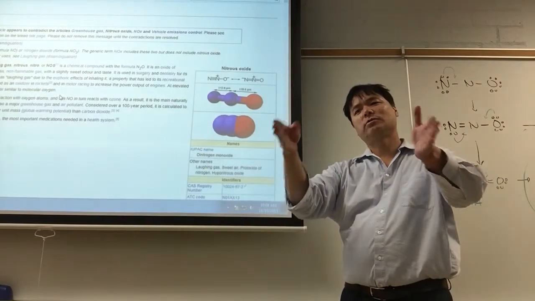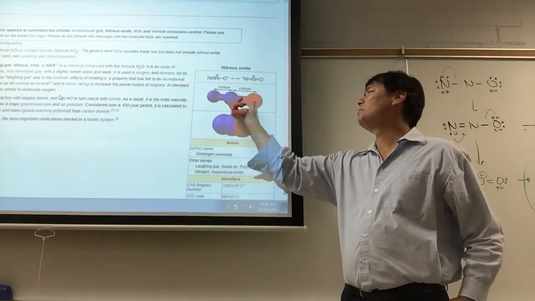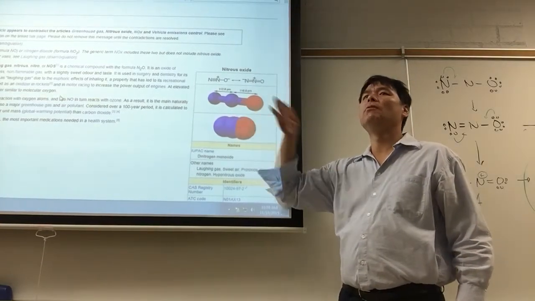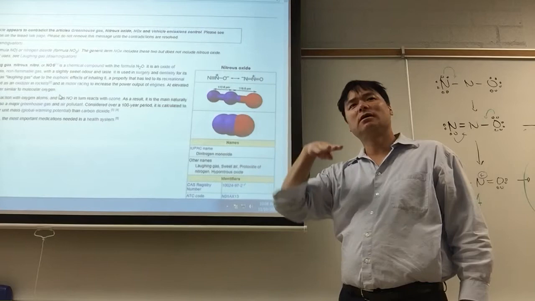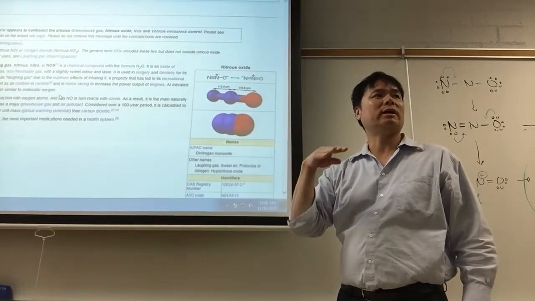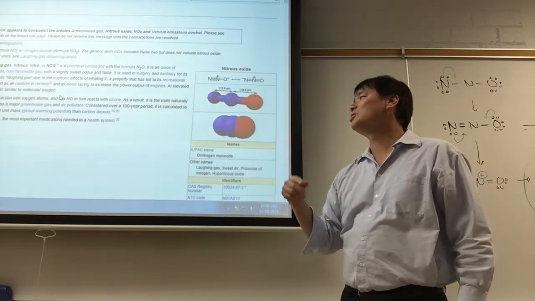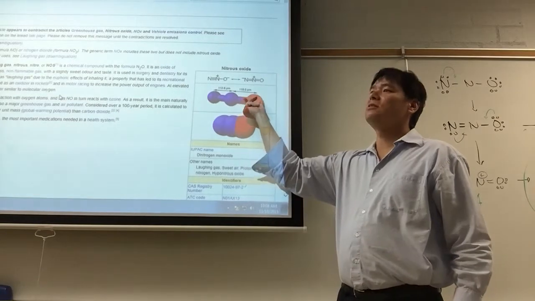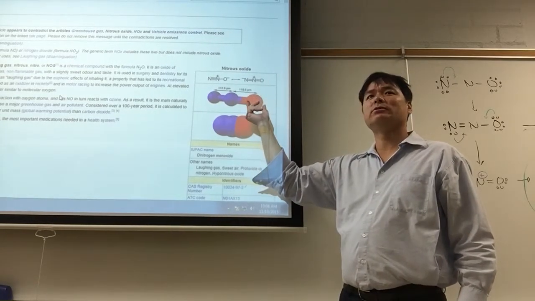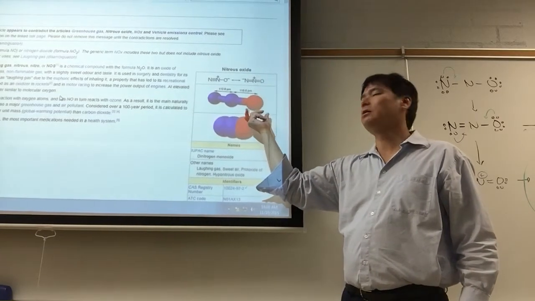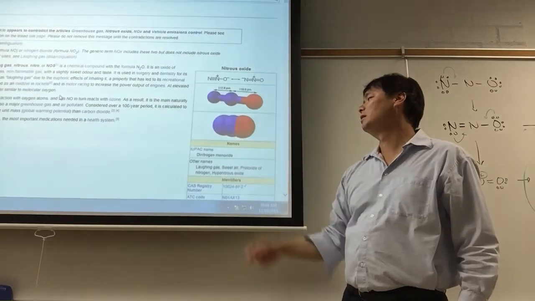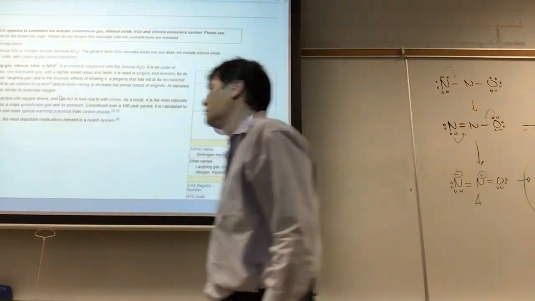So based on bond length, they can tell whether it's a double, a triple, or somewhere between. It's somewhere between, and from where it is between, they can estimate. It's not that hard to estimate.